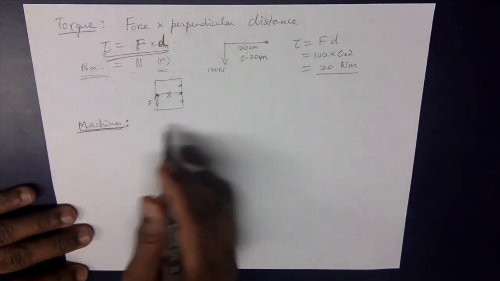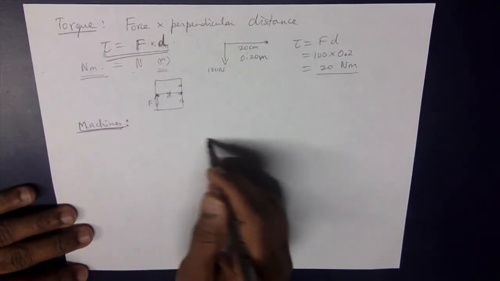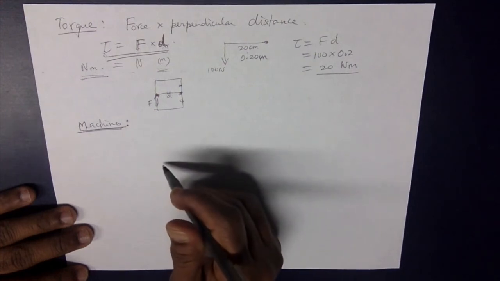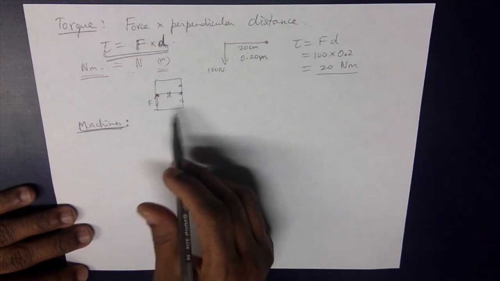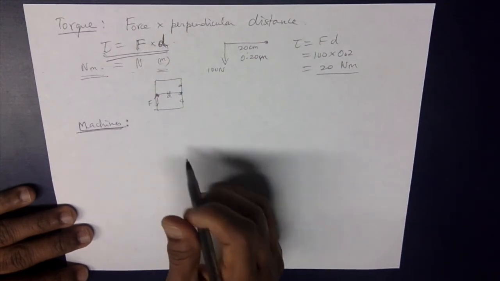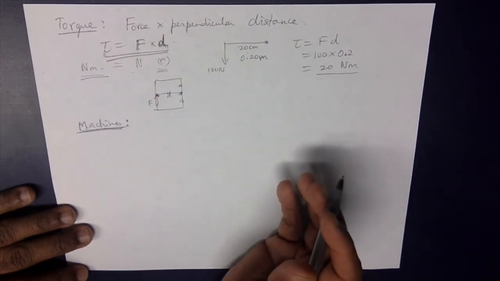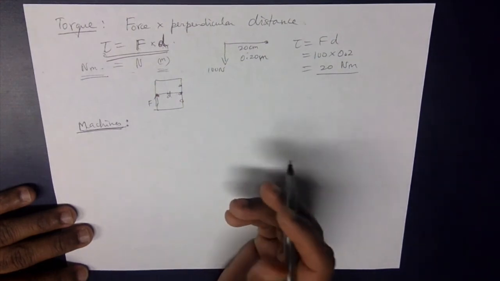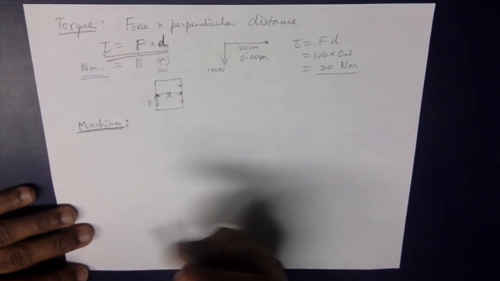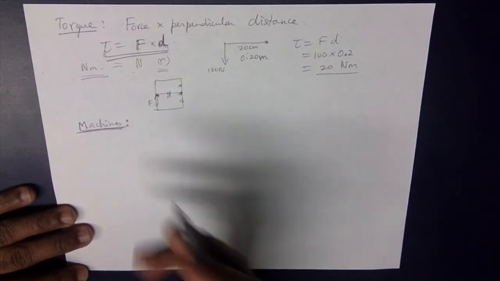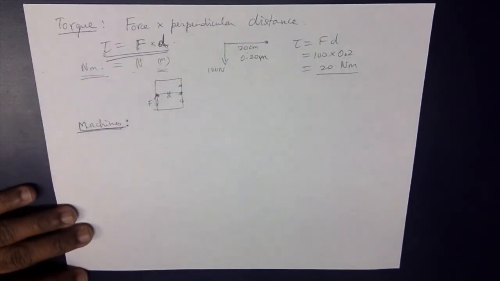All right, so go through the machines that are in the textbook and get some ideas about what it is. You must know how some of the machines are used. You should know the examples of some of those machines. So pulleys are used in cranes. The benefit of using more and more pulleys is that you need to apply lesser and lesser force.